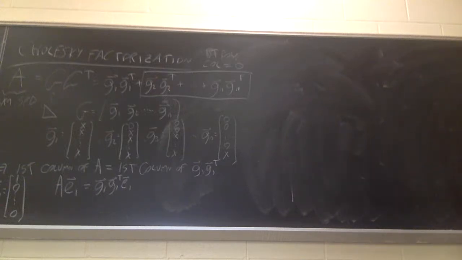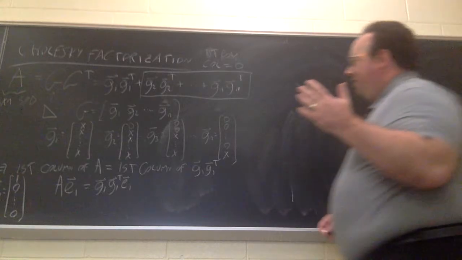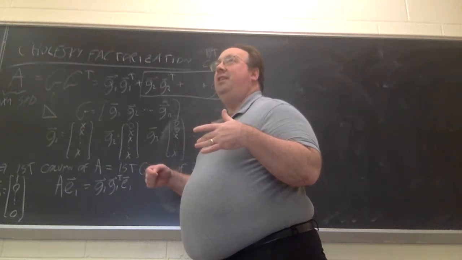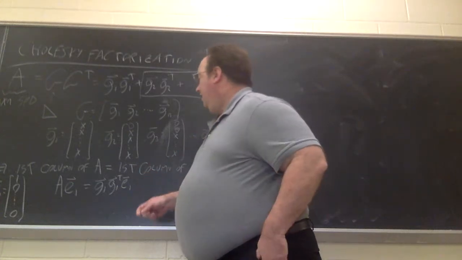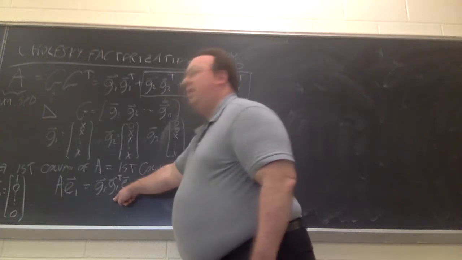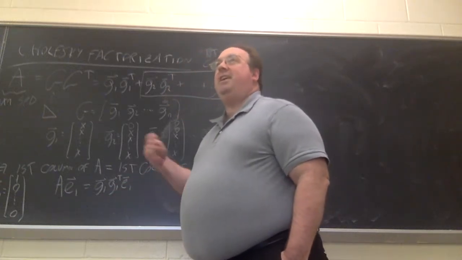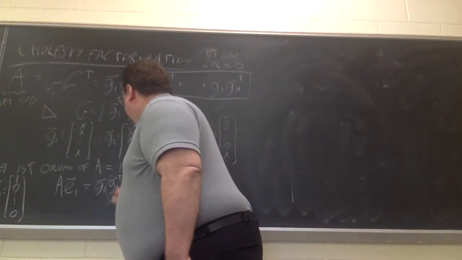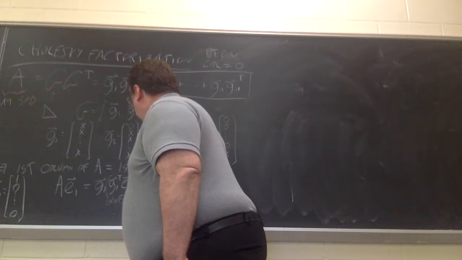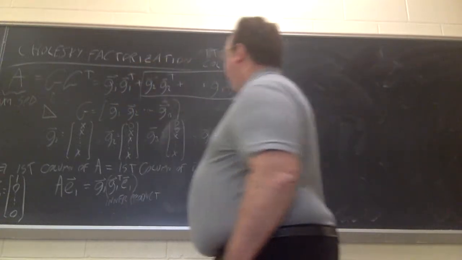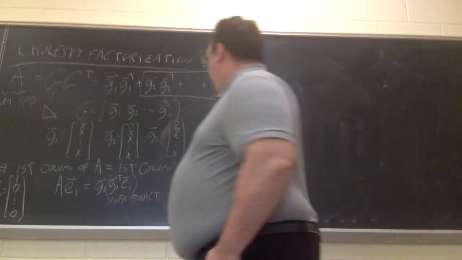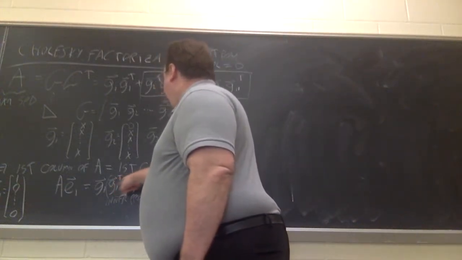Now, I hadn't even planned this, but it works out nicely. One of the nice things about an outer product is that when you take a matrix like this as an outer product and multiply it by a vector, like I've done here, that is an inner product. In other words, it's just a number. So what is that number?